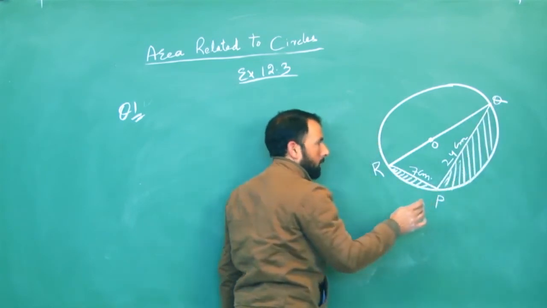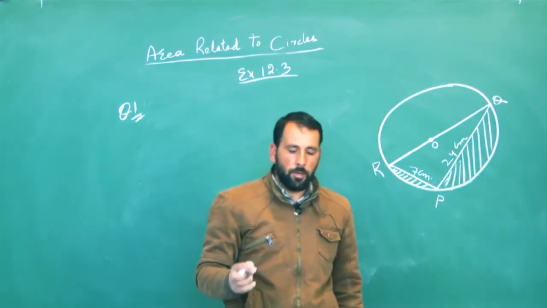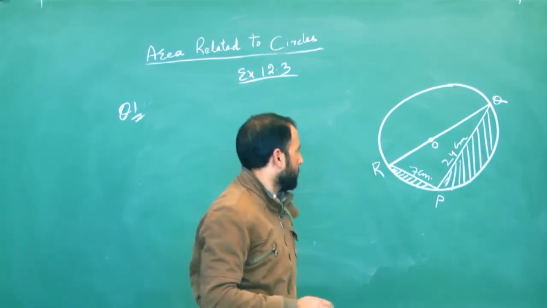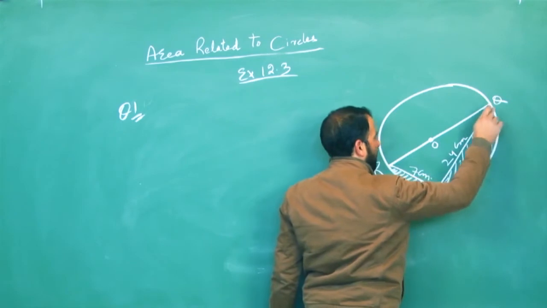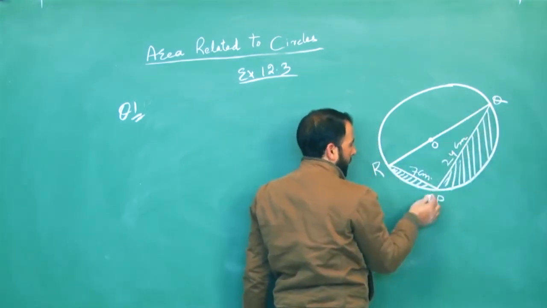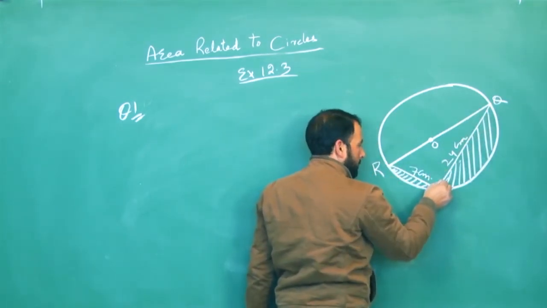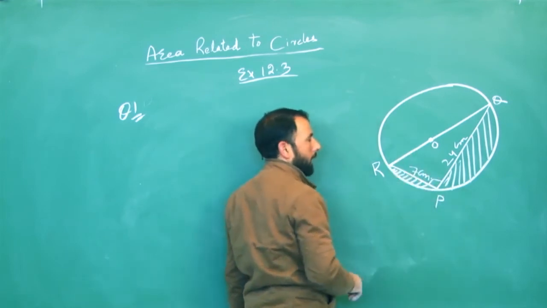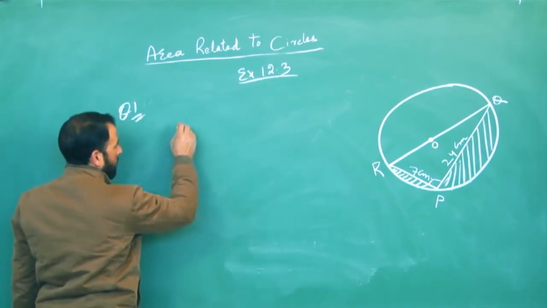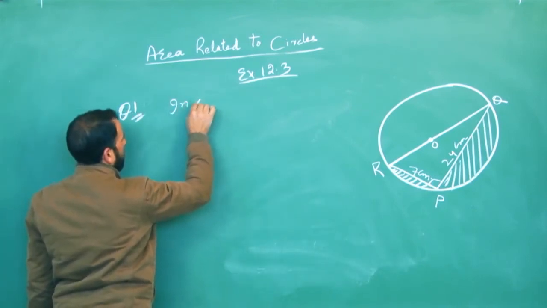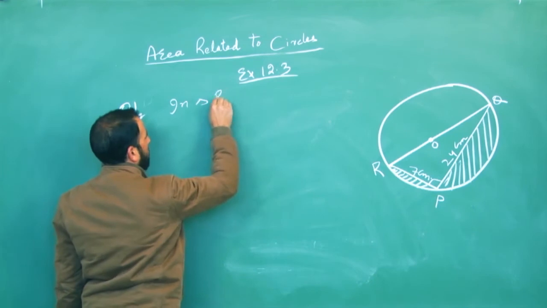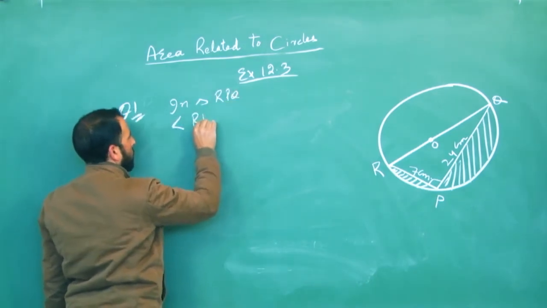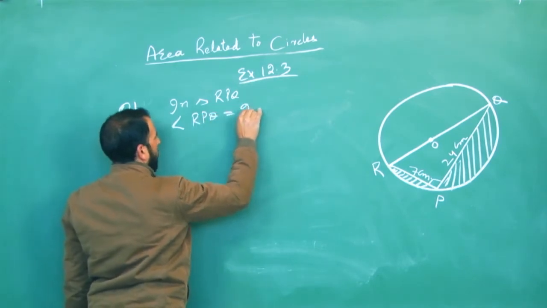We know that in class 9th we have studied that the angle in a semicircle is equal to 90 degrees. So RQ is the diameter, and this diameter subtends angle RPQ here, that means this angle is 90 degrees. So in triangle RPQ, angle RPQ is equal to 90 degrees.